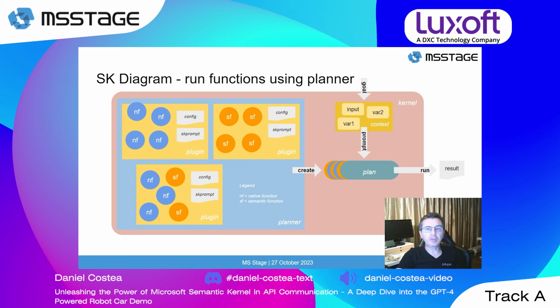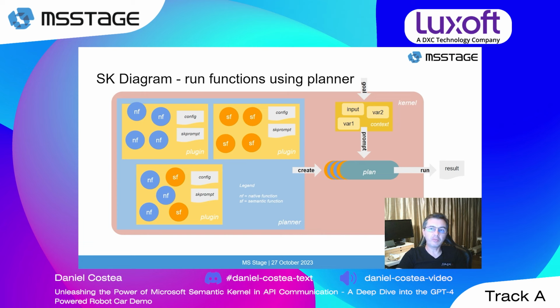Let me summarize again what we have so far. A planner is a pipeline consisting of one or more plugins. A plugin is a collection of functions. A function can be semantic or native.